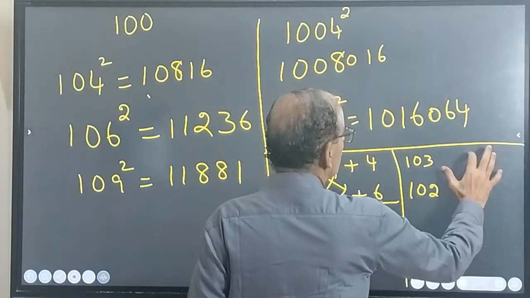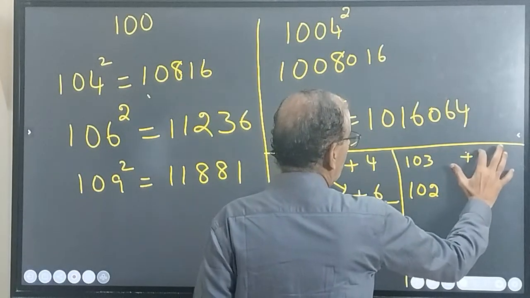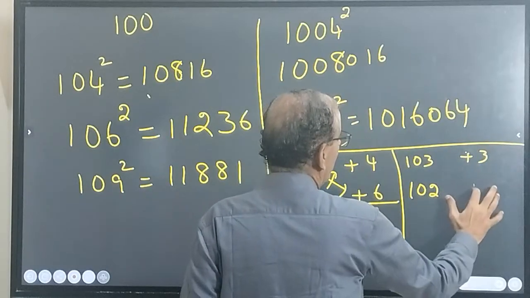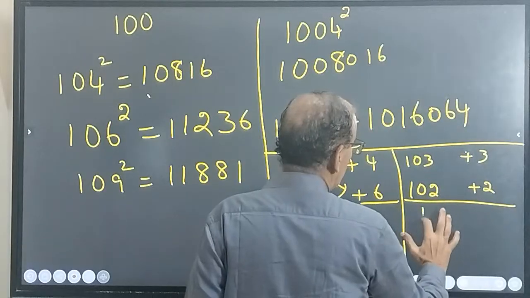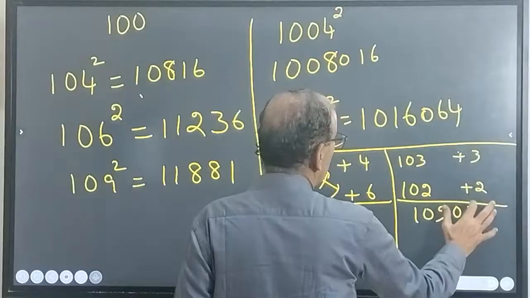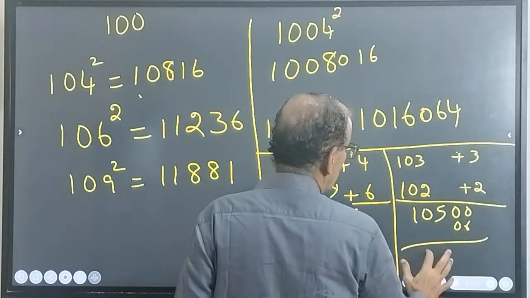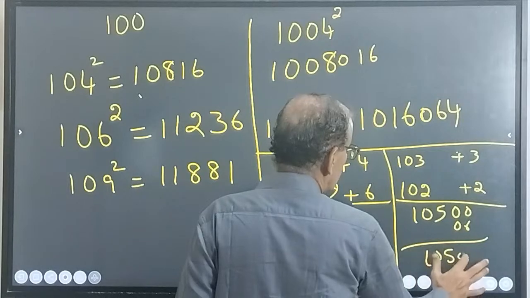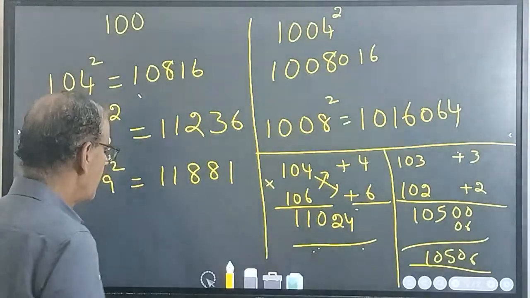That is plus 3, here plus 2. 103 plus 2, 105. Add 2 zeros. 3 into 2, you add 06. What is the answer? 10506. This is the answer for nearby numbers.